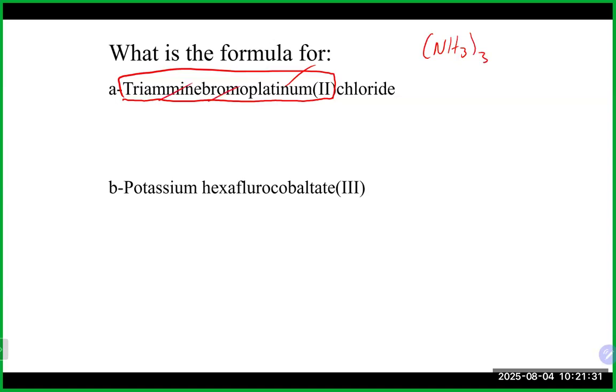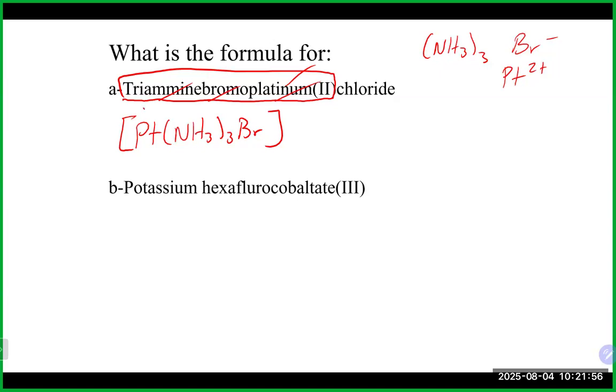Bromo means I have a bromide, and platinum(II) means I have a Pt with a +2 charge. So if I put all that together in my complex ion, I got Pt, NH3 times 3, and a Br. I again could figure out what is that positive charge overall here on my complex ion.